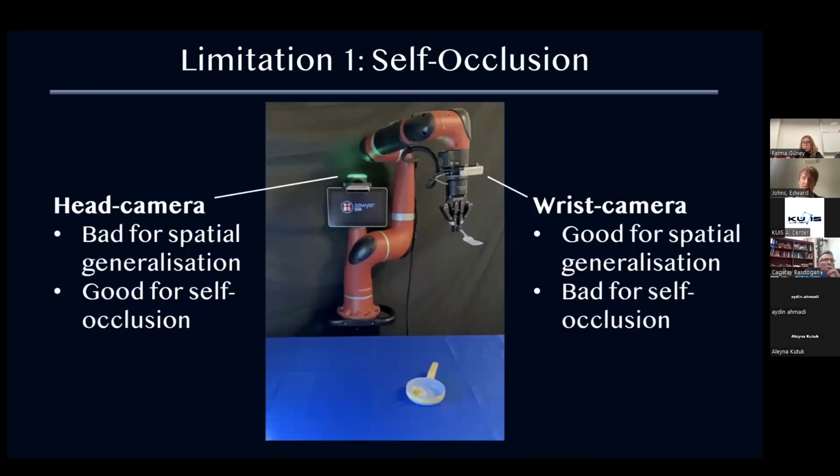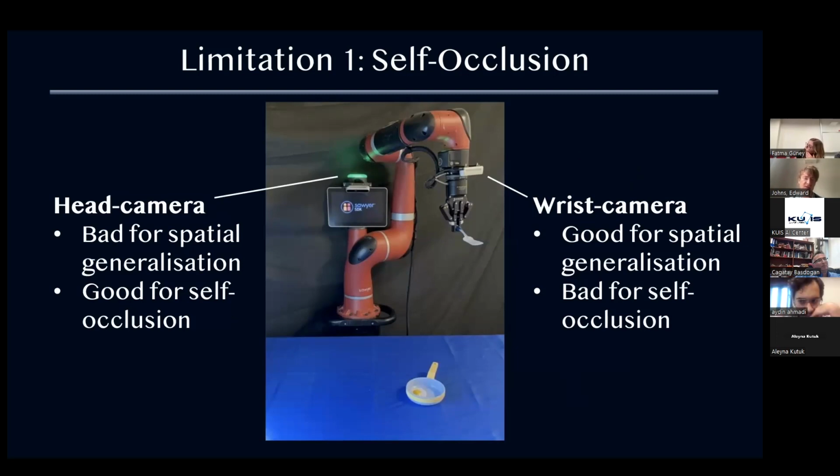And a solution is to use a head camera rather than a wrist camera. A head camera gives the robot a different perspective, and it won't be self-occluded by whatever the robot is grasping. However, it's not very good for spatial generalization.